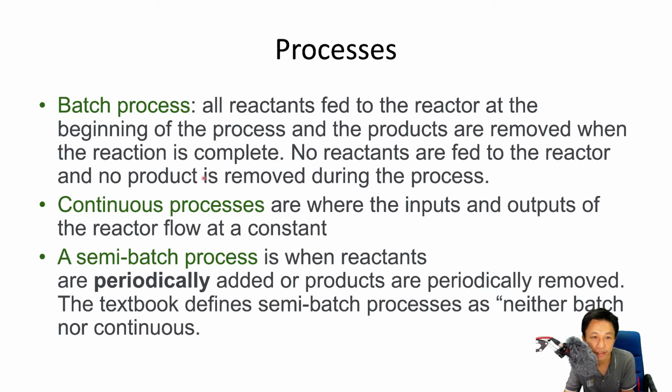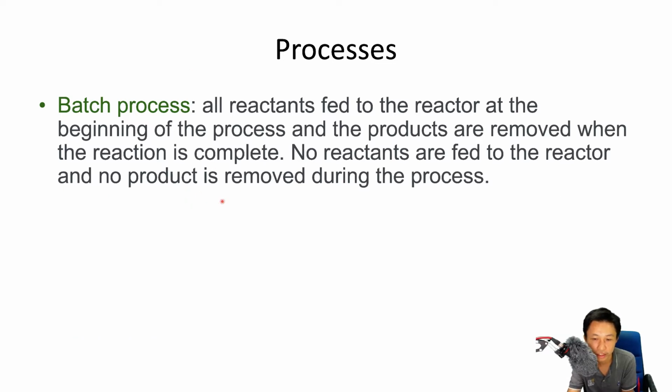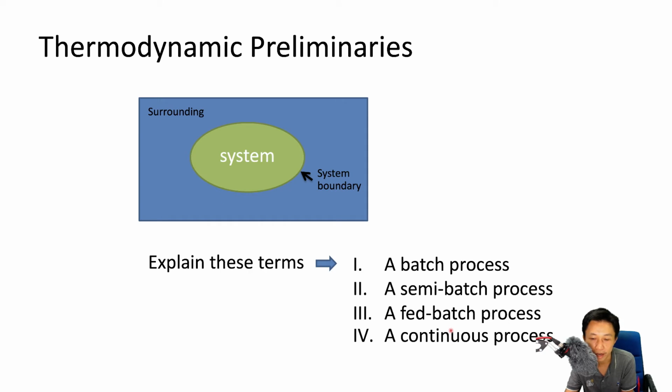But what is the difference between fed-batch and semi-batch? Fed-batch means you only input your reactant but do not remove your products. So this is only related to the reactant, your input. But if you withdraw your product, it can be semi-batch.